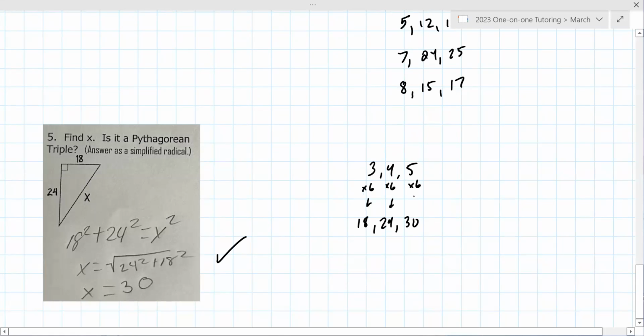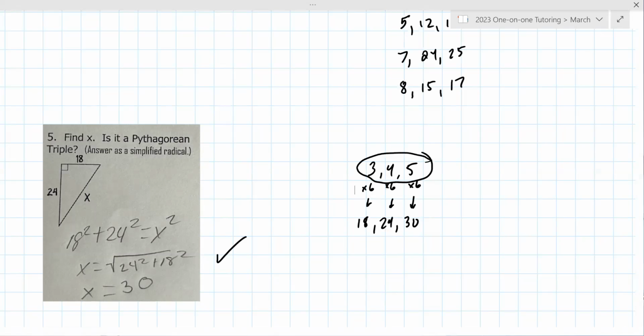And that's what makes it a triple. So its base triple is this one, and you could multiply 3, 4, 5 by any number, and that gives you the triple. I think we could just say it's yes. You know your teacher, so that's why I'm asking.